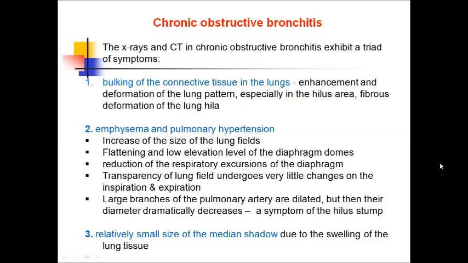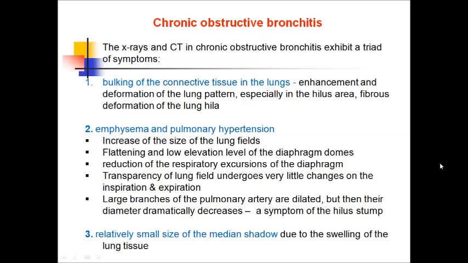Bulking of connective tissue is the enhancement and deformation of the lung pattern, especially in the hilus area, and fibrous deformation of the lung hilum.